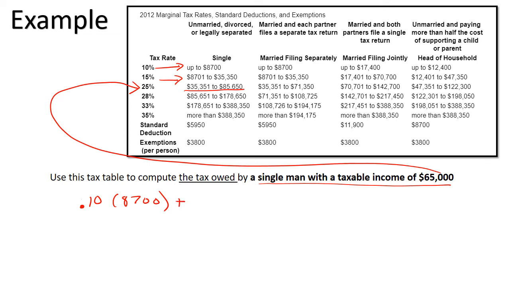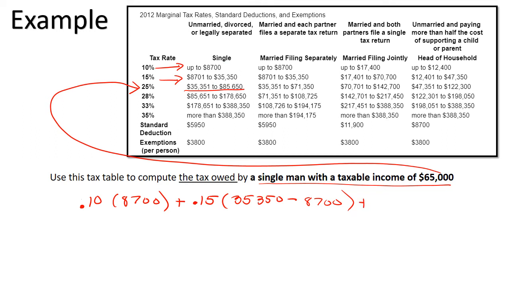So I will add to this the 0.15, so he has to pay 15% on this. Now to get this amount, you will take the top boundary, which is 35,350, and you will subtract the boundary on the previous tax rate, so minus 8,700. So that range of money he pays 15% on.